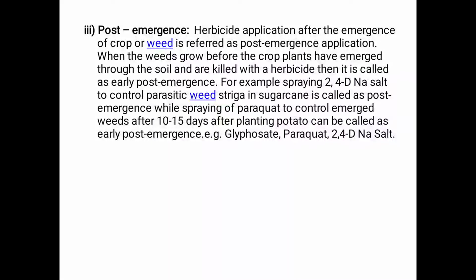Post-emergence application of herbicide is most widely used in India to control a variety of weeds in wheat with herbicides like 2,4-D and isoproturon. And in dryland agriculture, where we have a rough tilth and a dry soil surface, usually the post-emergence herbicides prove more effective than the pre-emergence herbicides. Their examples are glyphosate, paraquat and 2,4-D.